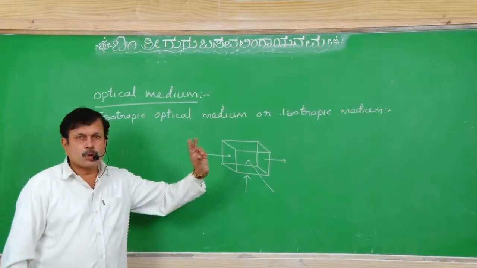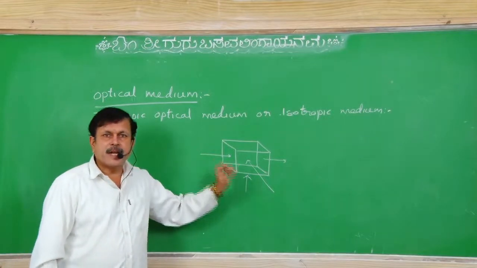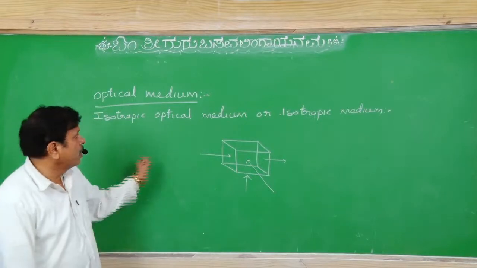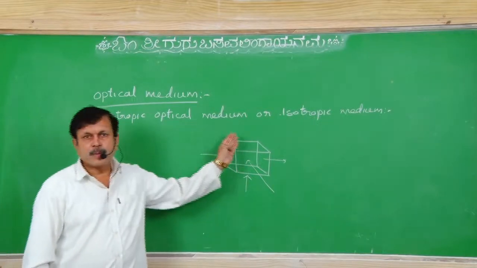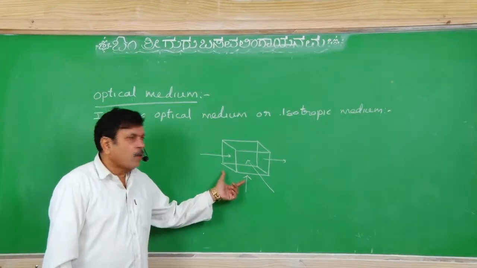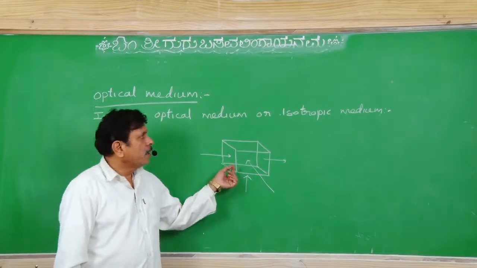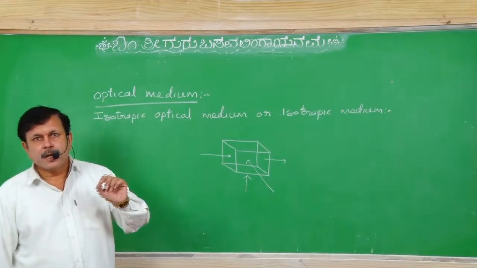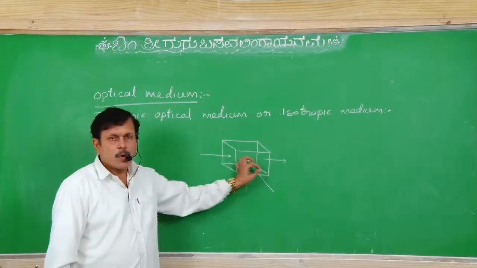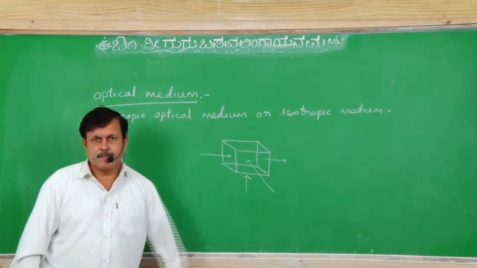If light travels with the same speed in all directions in a substance, then such a medium is called isotropic optical medium. Examples: water, pure glass, and air. For these, we'll find the speed will be the same.